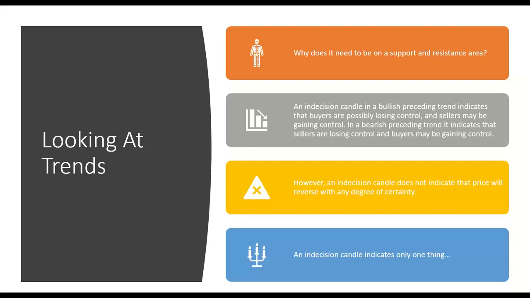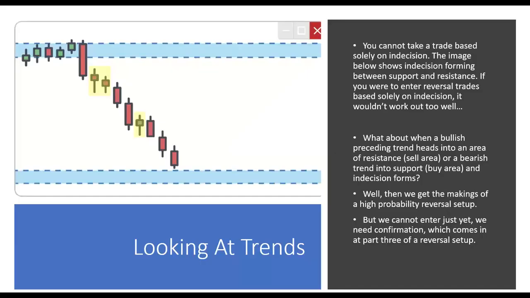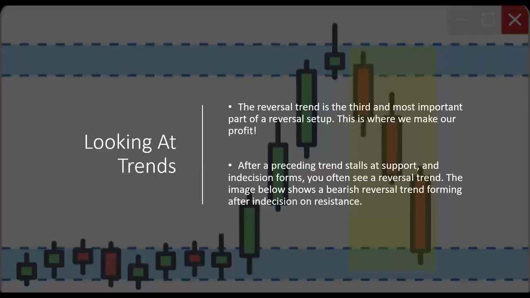An indecision candle only indicates one thing: indecision. So you cannot take a trade based solely on indecision. Over here, you can see all of these indecision candles forming in a natural movement of price. So you need the indecision candle to be directly on your level of support or resistance.